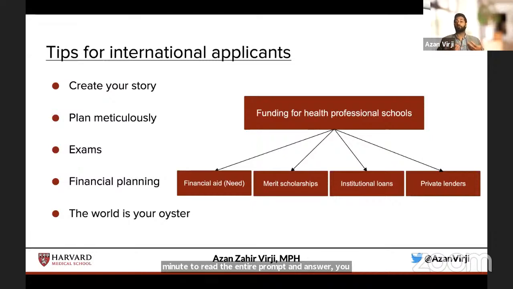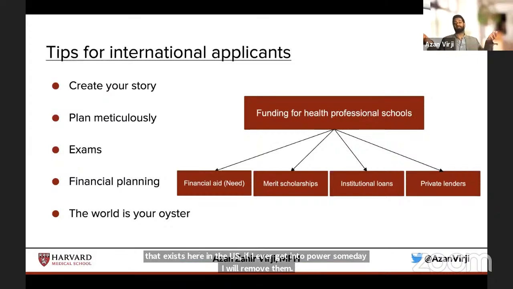I also come from a background where English is not my strongest suit. So I struggle on standardized exams, but it's something that exists here in the US. If I ever get into power someday, I will remove them, but that's not the case right now. And so you just really need to practice and get better at it.